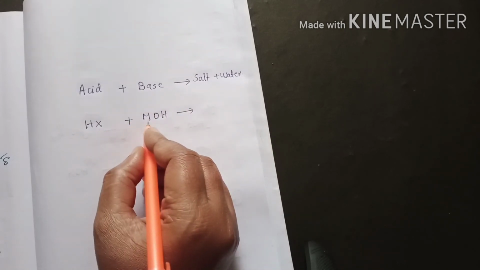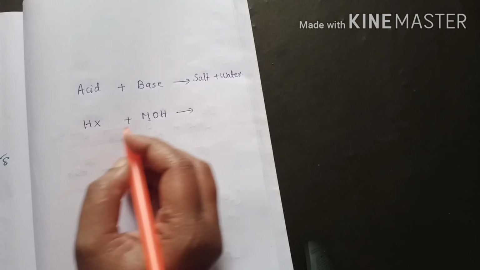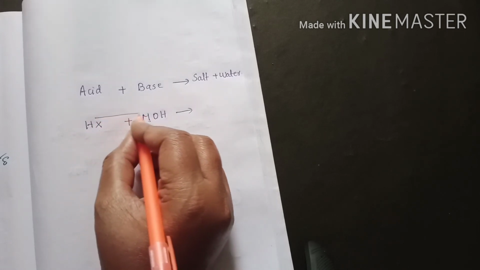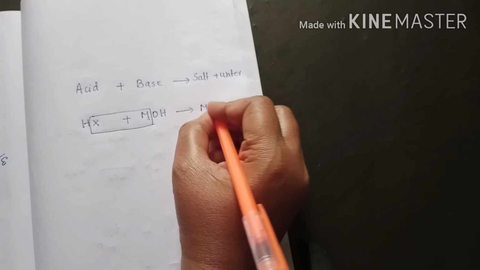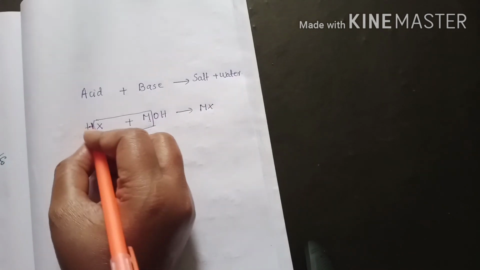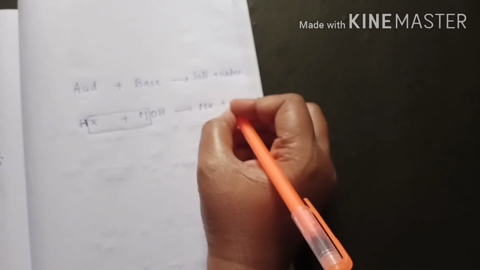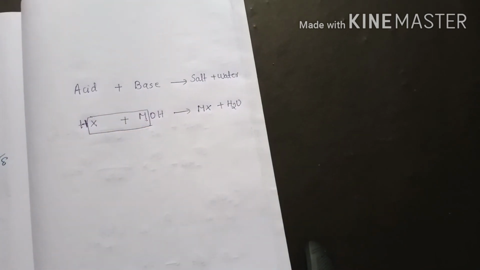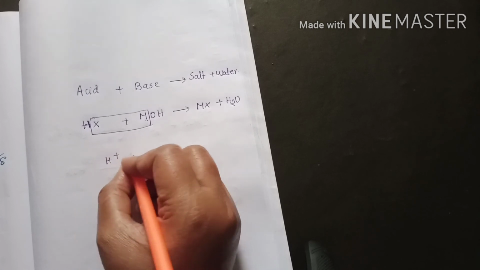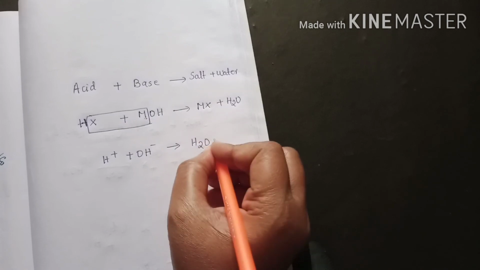Here the cation of the base is represented by capital letter M and the anion of the acid by capital letter X. So the cation of the base will combine with the anion of the acid to form the salt MX, and the remaining portion is H+ ion and OH- ion. They combine together to form water, H2O.